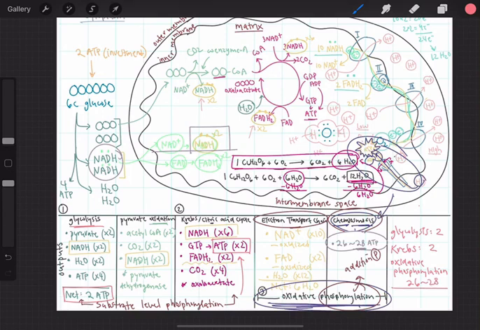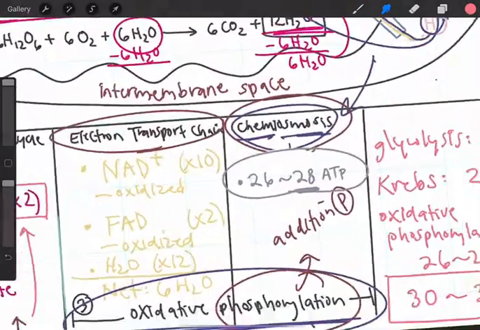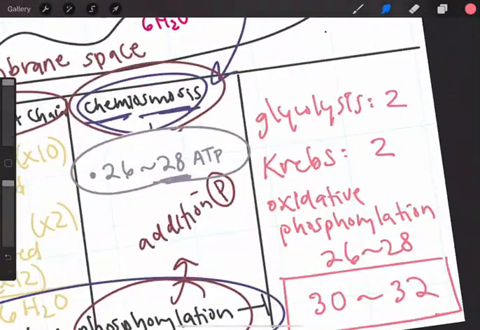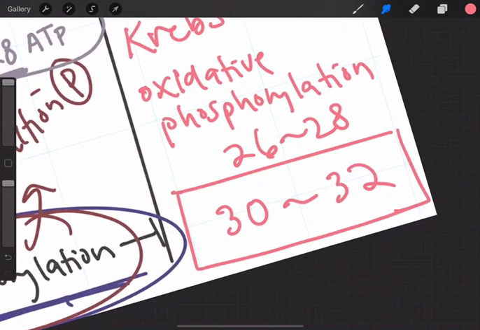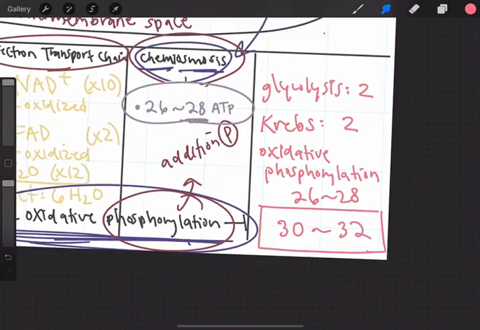When you add that up, the least amount of ATP that can be generated would be 26 plus 2 plus 2, 30, and 28 plus 2 plus 2 is 32. Okay, so this is the range of ATPs that can be created from cell respiration, 30 to 32.